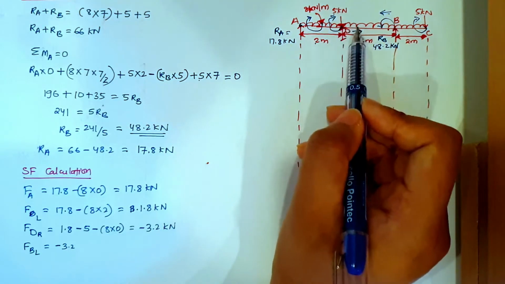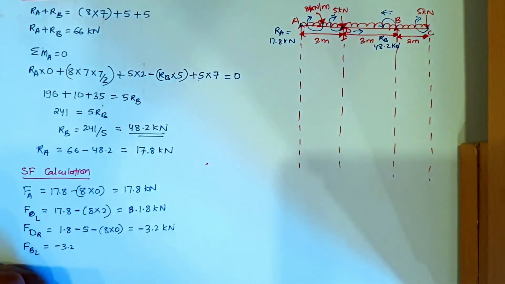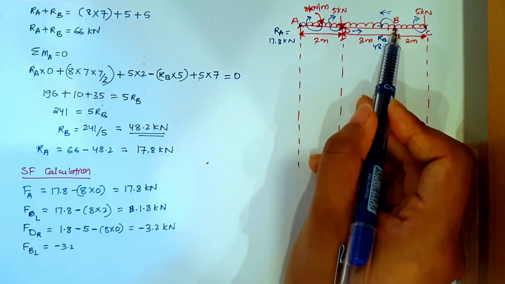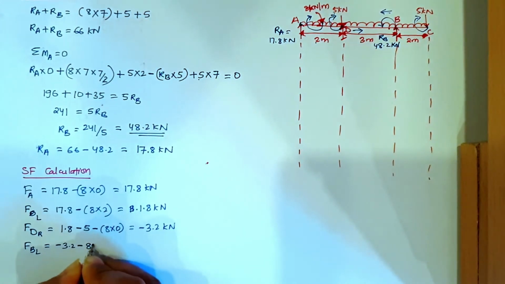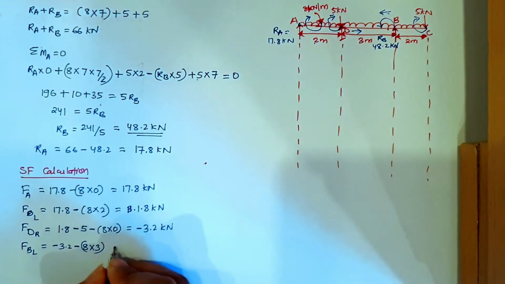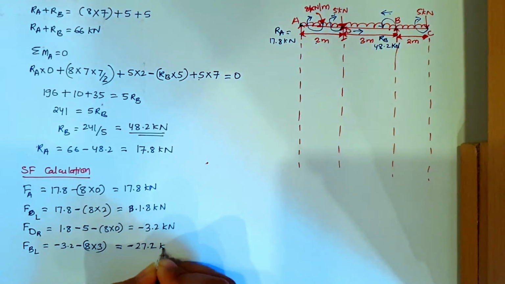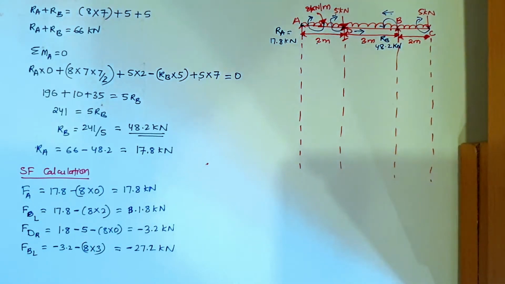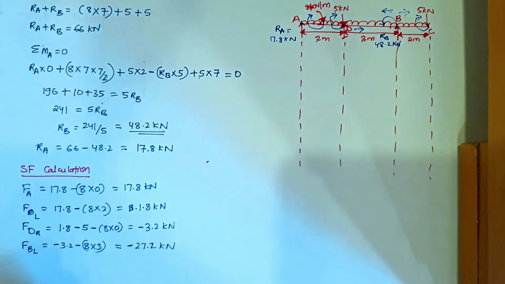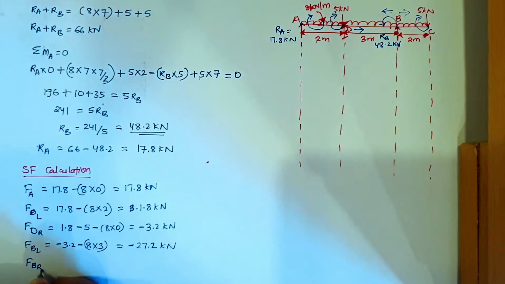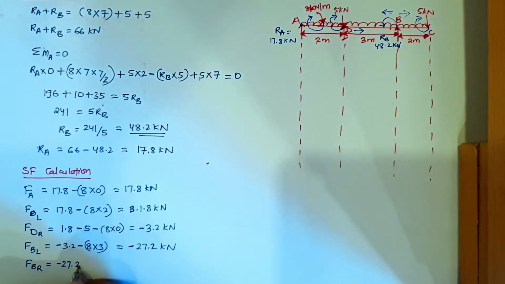At B we have a UDL running, and it has run for a distance of 3 meters, so minus 8 into 3, so this will be equal to minus 27.2 kilonewton. Next we have force at B, right hand side of B, which will be equal to the last force, minus 27.2.